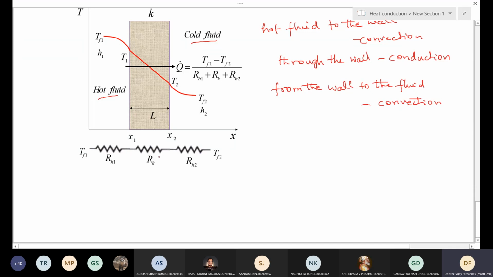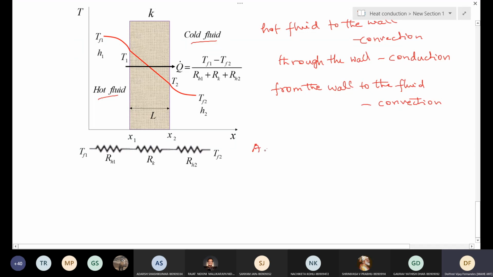So at steady state, what can we write? Q convection in on the left hand side equals Q conduction through the wall, and Q convection out.